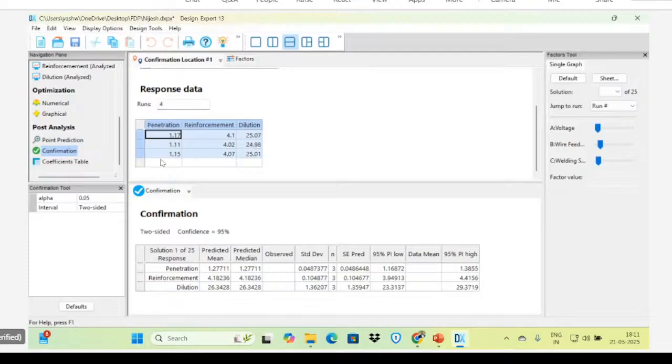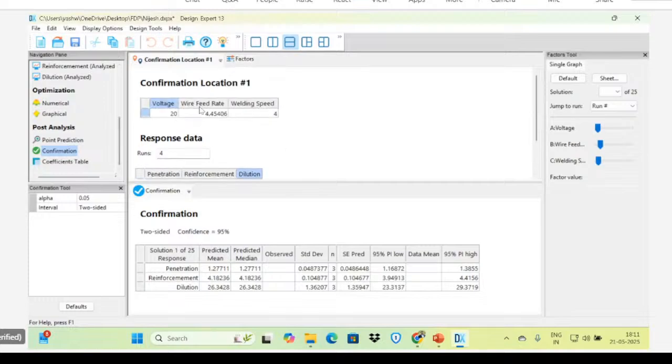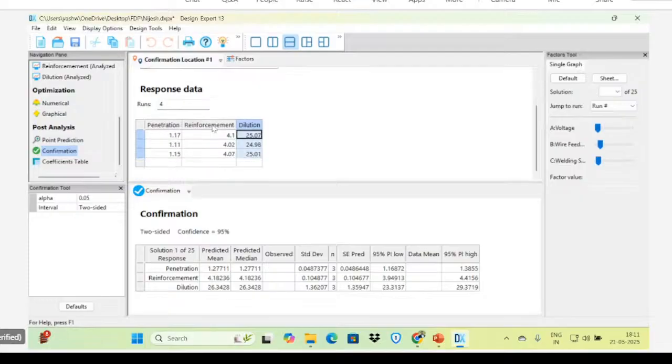My student has done that. His results are 1.17, 1.11, 1.15, and reinforcement and dilution are this. So all the things he has made, and it confirms that our input parameters are the optimized ones, because I reiterated the values, and it is coming almost on the same scale.